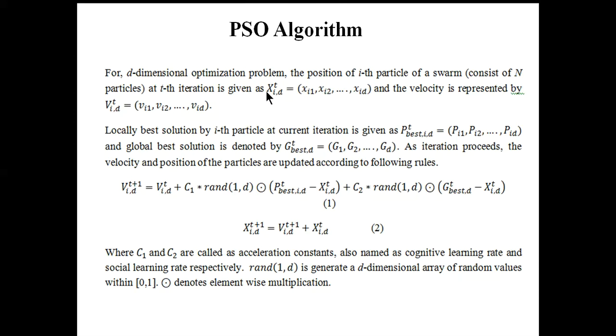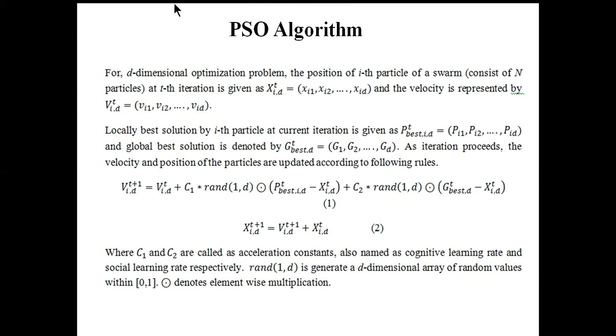So each solution has d number of points. Okay, and we consider that there are n number of particles, that means the size of the swarm is n, that means the number of solutions is n.